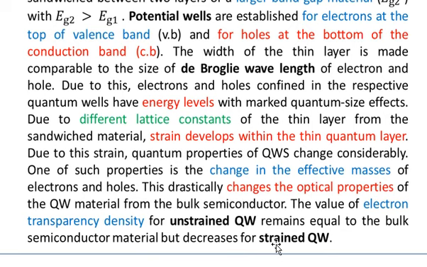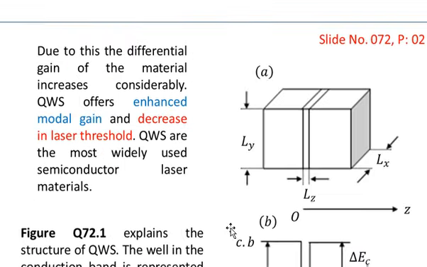A smaller amount will be enough to produce the same effects as produced by the bulk semiconductor materials or the unstrained quantum well semiconductor materials. Due to this, differential gain of the material increases considerably. Quantum well semiconductors offer enhanced modal gain.